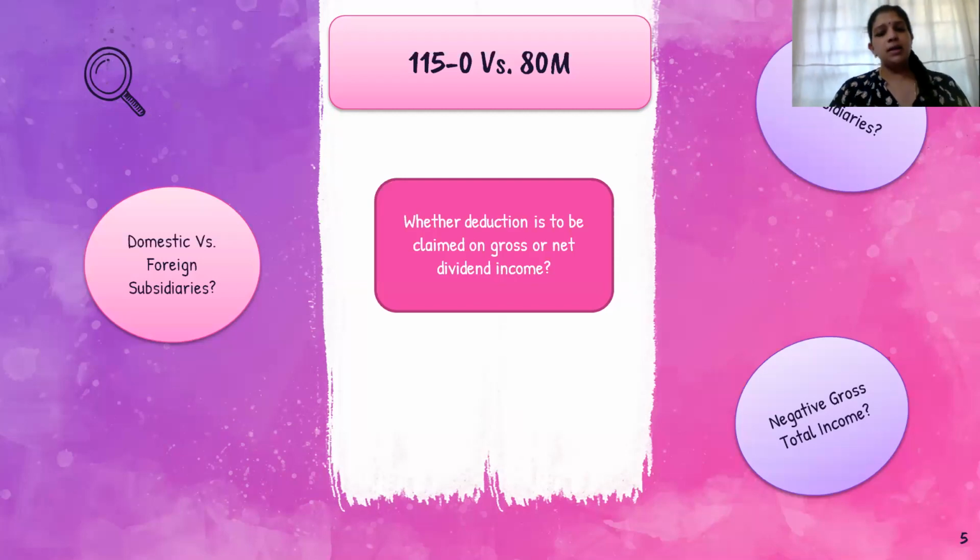Whether deduction is to be claimed on gross or net dividend income. Since this is a Chapter 6A deduction, the amount will be on the net dividend income. As under 115O, even that was available on net dividend income. So there is no major difference on the amount of deduction available between 80M and 115O. Subsidiaries.